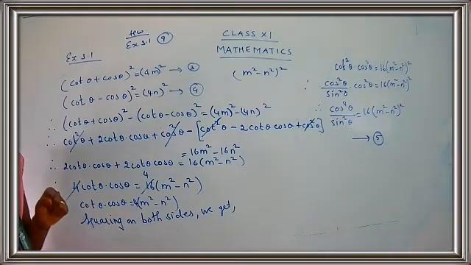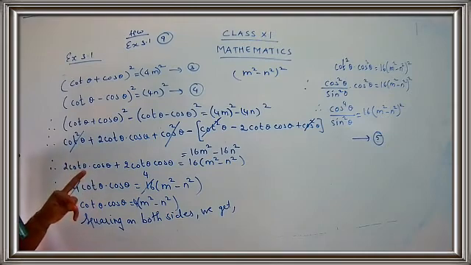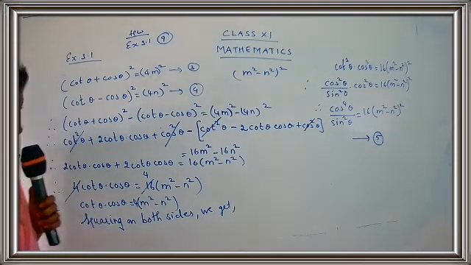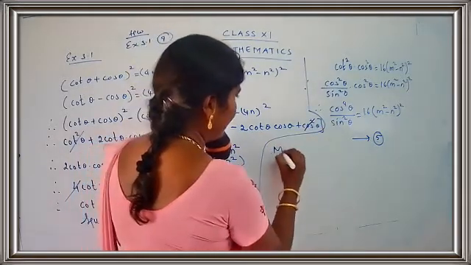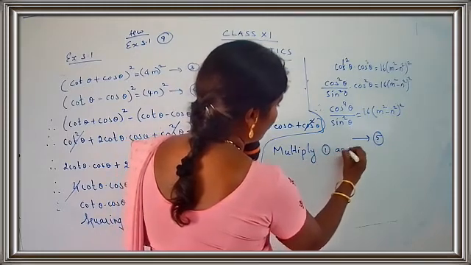So what are we going to do? Yes, we have to multiply 1 and 2. Let's go for the next step. Write down the next step. Multiplying 1 and 2. What was 1, children?